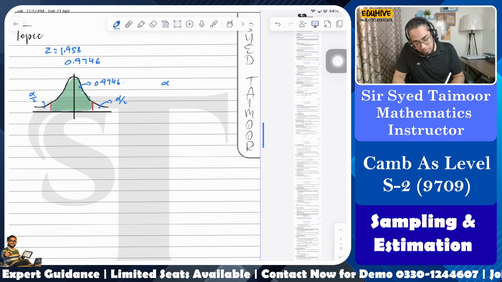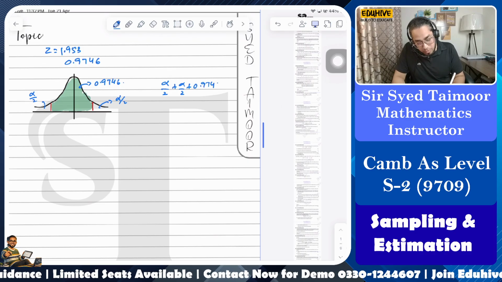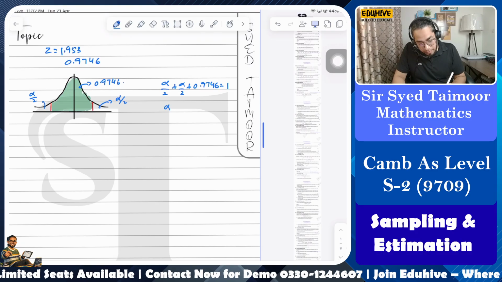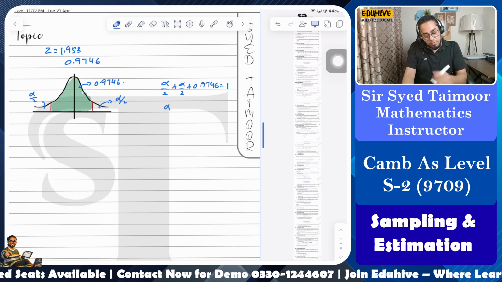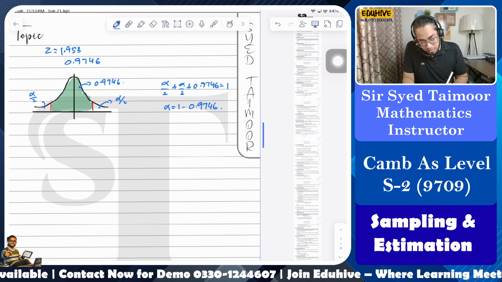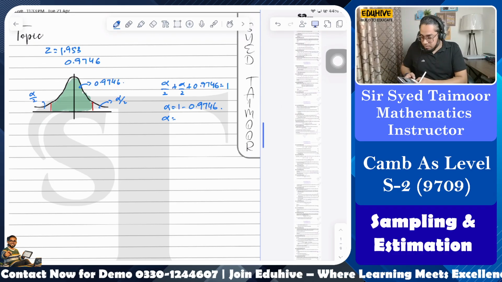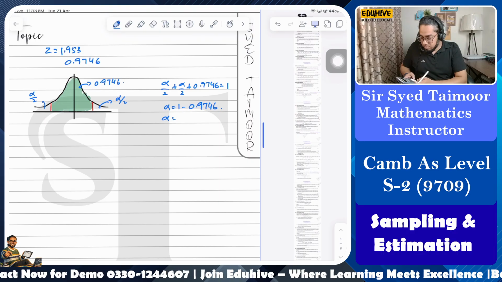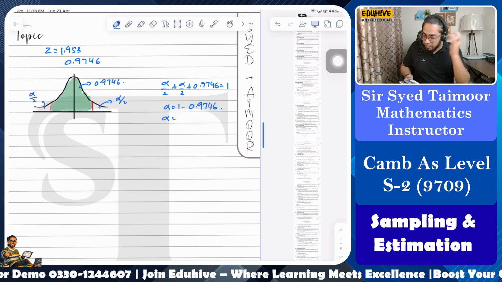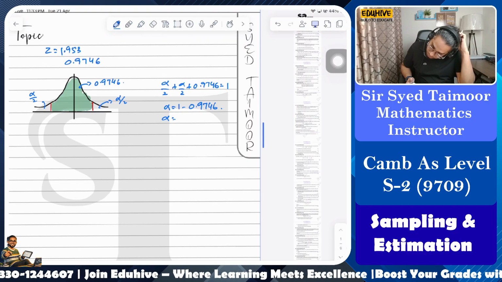So if I proceed with this, alpha by 2 plus alpha by 2 plus 0.9746 will be equal to 1. So alpha becomes 1 minus 0.9746. And what I'm getting for alpha, I'm still getting a wrong answer, I guess. Can you check the mark scheme for this one?